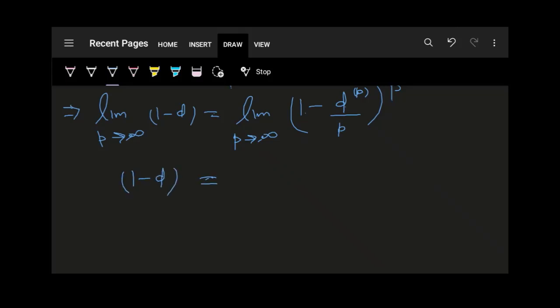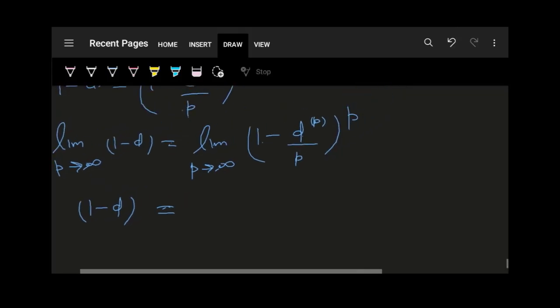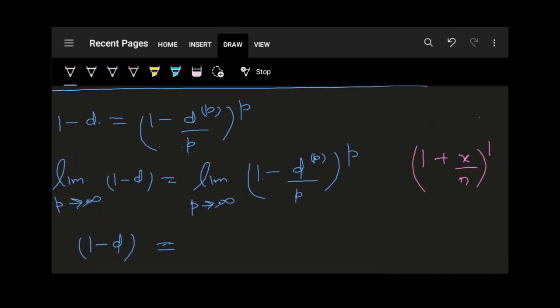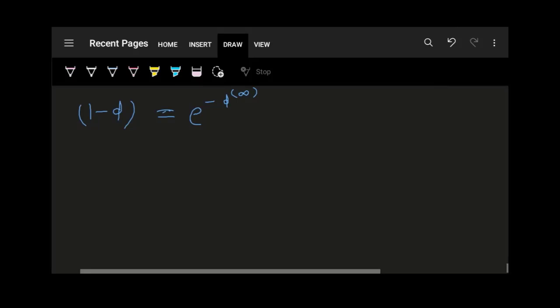And from Euler's rule, we can take x equal to minus d(p). Euler's rule says that the function needs to be in this form. So if we take x equal to minus d(p), then this makes sense. So this will converge to e to the power of minus d to the power infinity, because we are tending p towards infinity. So we get this result.